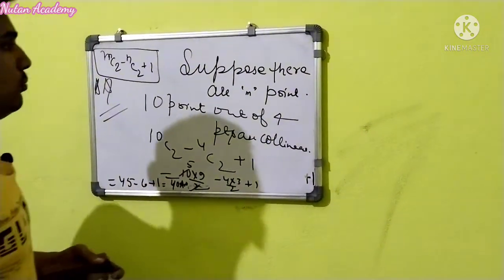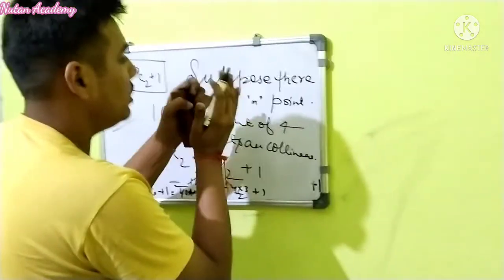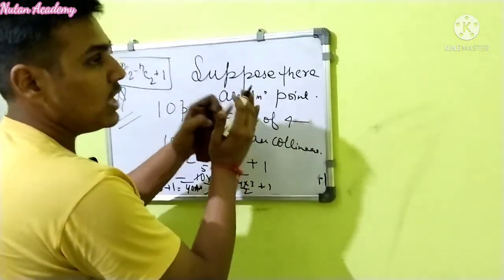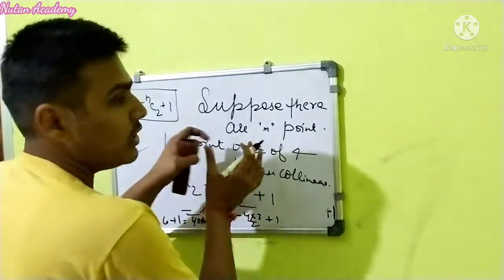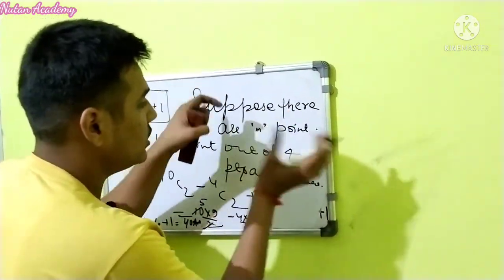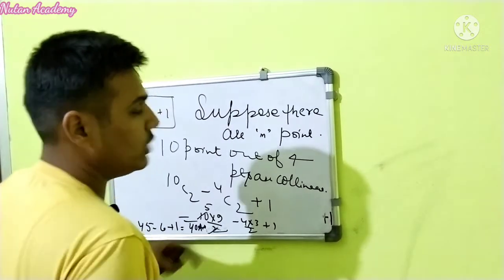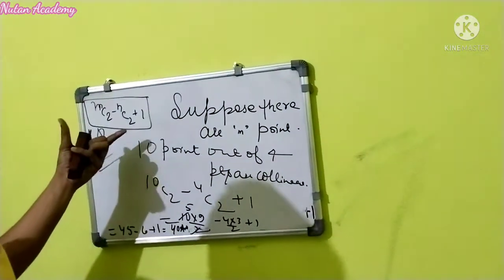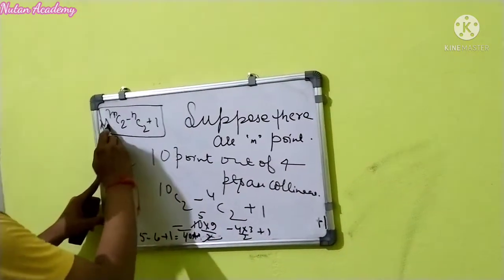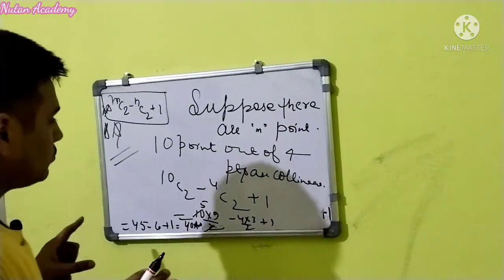Why? Because my purpose is to give you the basic concept and all the detailed understanding needed for solving questions in your exam, so that you can clear all the exams. So please go through this formula. This is the most important formula.